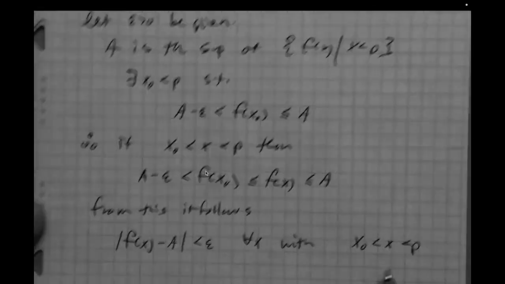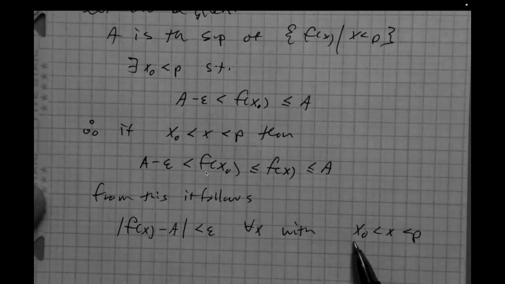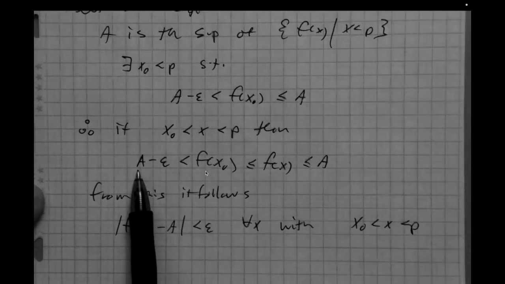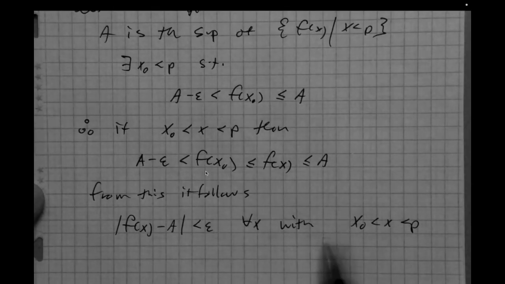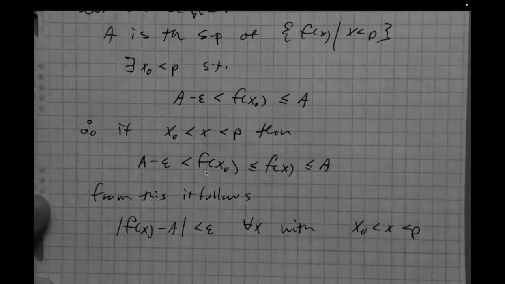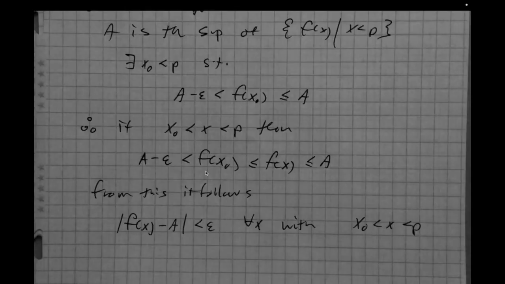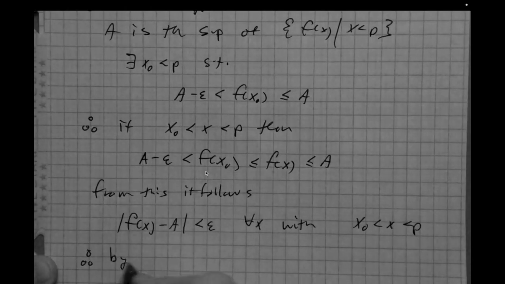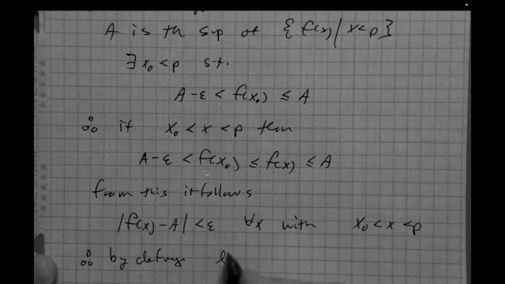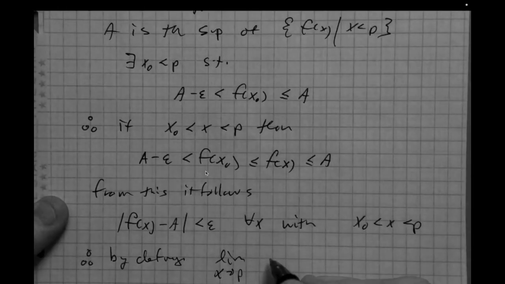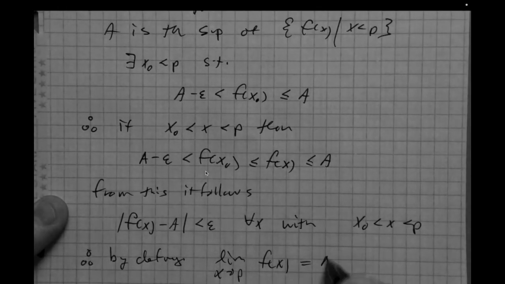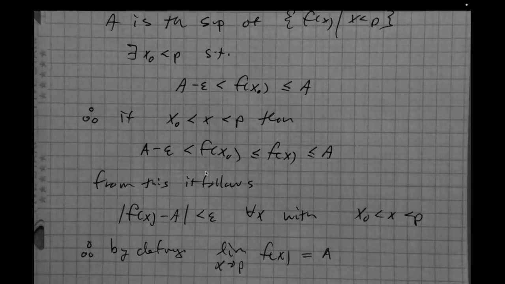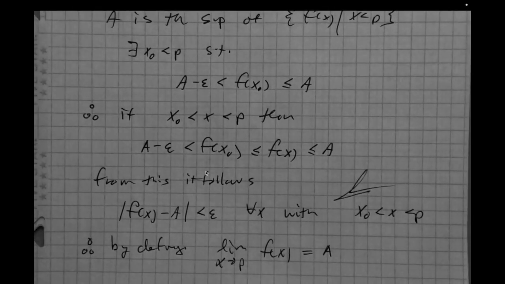So I've shown that f of x naught is between A minus epsilon and A, and any other x will fall into that same interval, right? Okay. And so if that's the case, by definition, the limit as x approaches p of f of x must be A, right? That's just what this bit right here says.